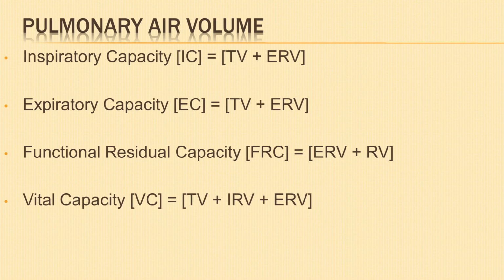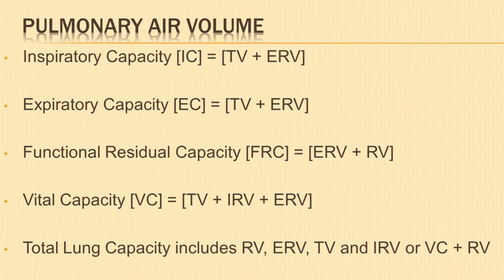Vital capacity, VC: the maximum volume of air which can be inspired and expired. This includes ERV, TV and IRV. It is about 4500 ml in males and 3000 ml in females.